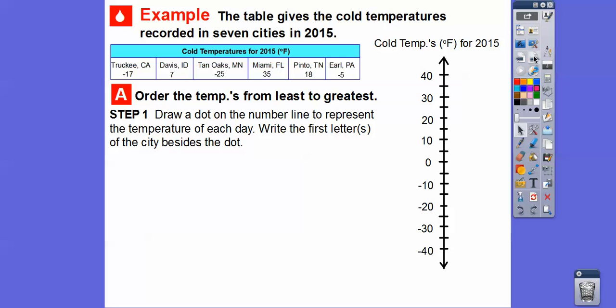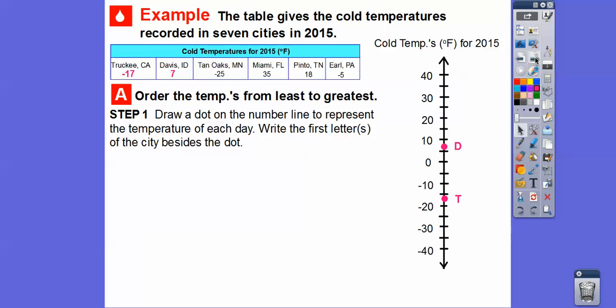Okay, so we're going to draw a dot on the number line to represent the temperatures of each day, and we'll write the first letters of the city, like TO for Tan Oaks, beside the dot right there. So here's Truckee right there at negative 17, T for Truckee. Davis, Idaho is at 7, so here's 0, here's 5, so 7 is going to be right about there.